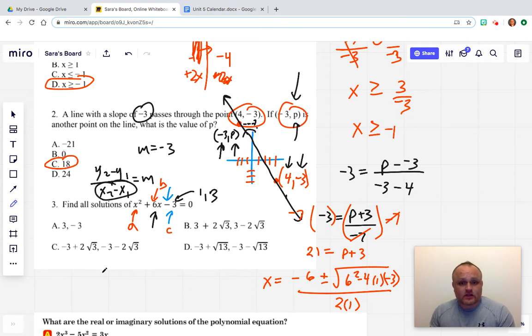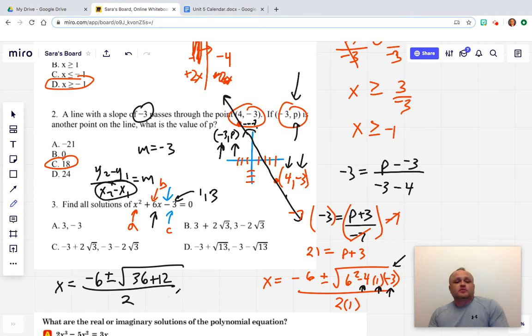Okay, so we have negative 6 plus or minus, and this is a negative 4, positive 1, negative 3, which is a positive 12. So we have 6 squared is 36 plus 12. All I did was work with what's underneath the square root, all over 2. Okay, so 36 plus 12 is going to be 48.